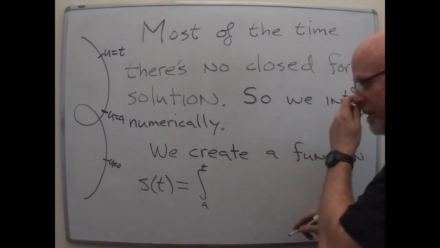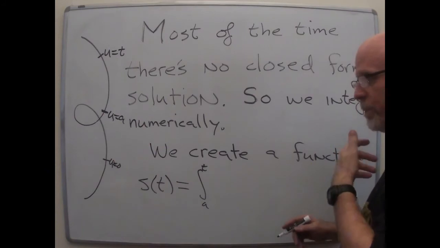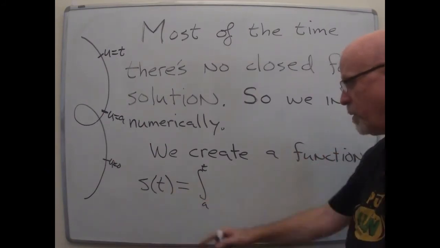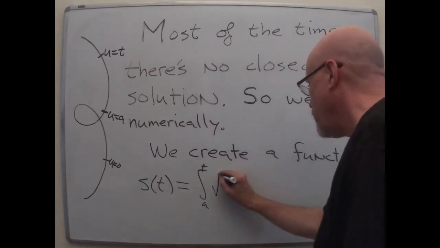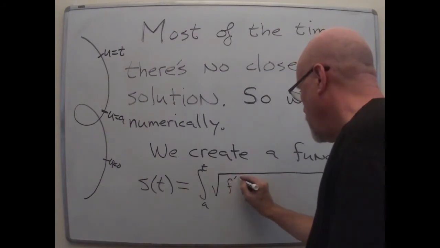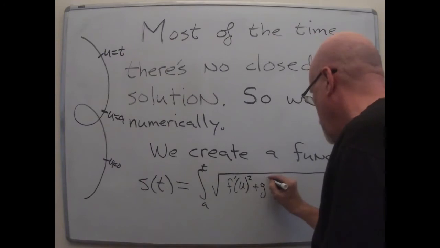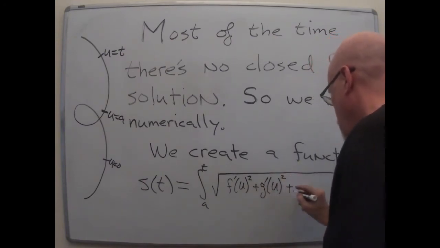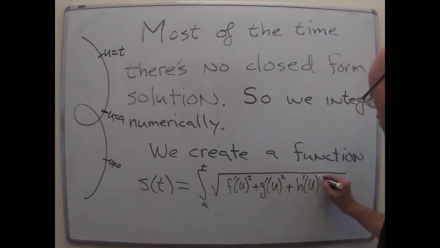derivatives of our function need to be written in terms of this new parameter. It's just a placeholder. It might as well have been t, except I wanted to use t for the time variable there. All right, so what is it? It's the square root of f prime at u squared plus g prime at u squared plus h prime of u squared.